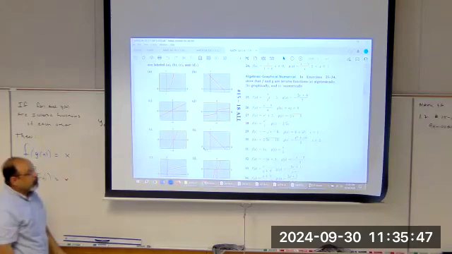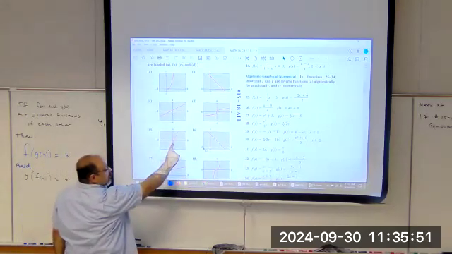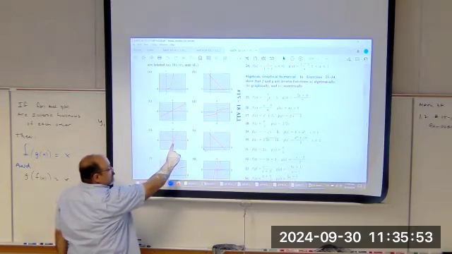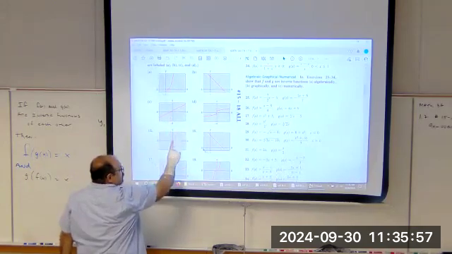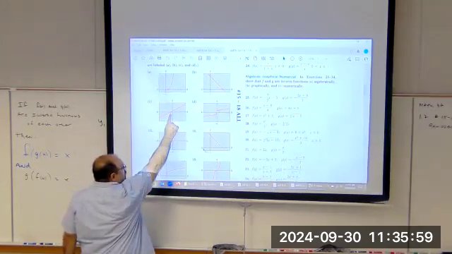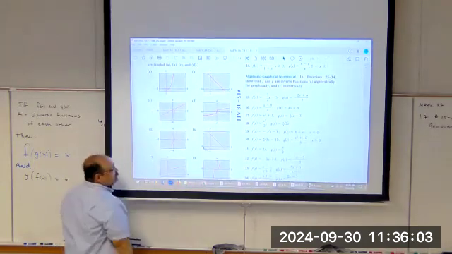Let's make it real simple. That ordered pair right there is (0, -1), so the inverse function should have (-1, 0). So C is the inverse of 15.